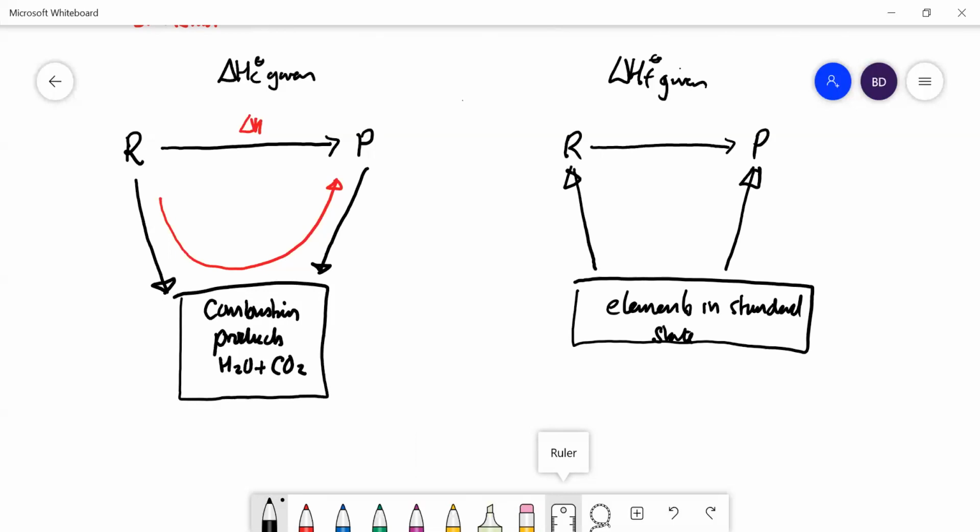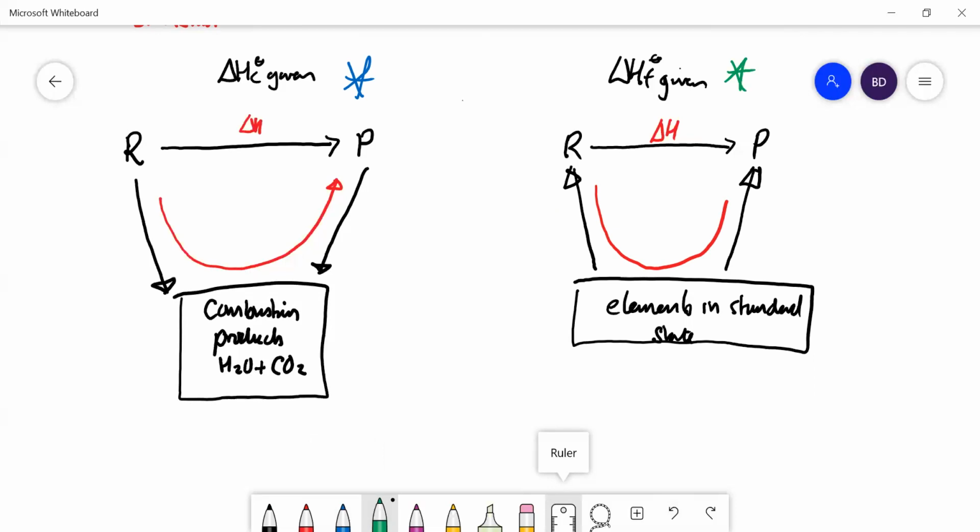So if we're finding delta H there, we've got to go like this. For this first one, we have to change the sign because we're going against the arrow. On this one, we're sticking with the arrow, so we leave the sign the same. So always have a look what data you're given. If you're given delta HC data, you use this one. If you're given delta HF data, you use that energy cycle.